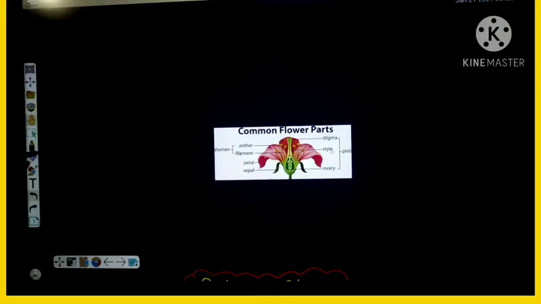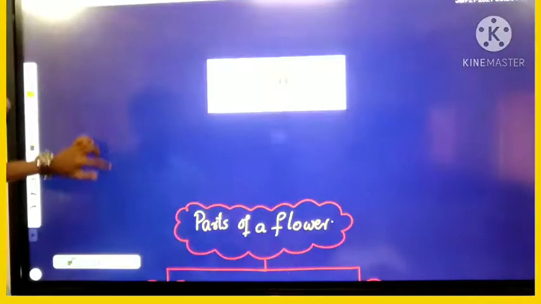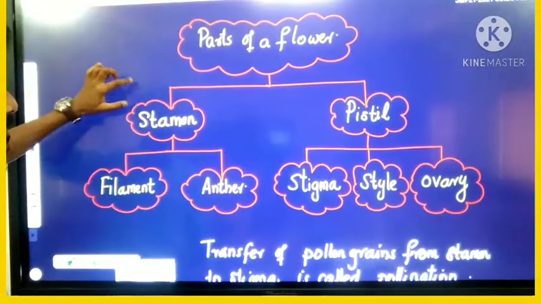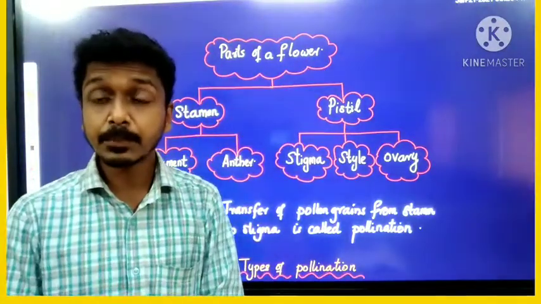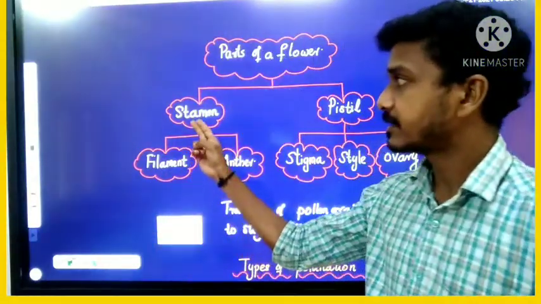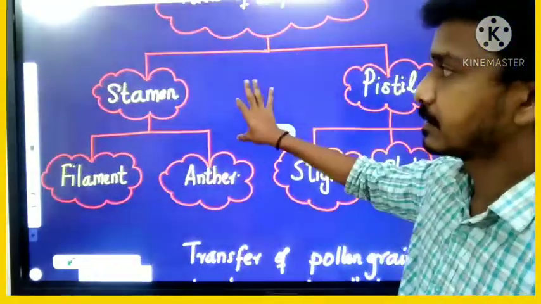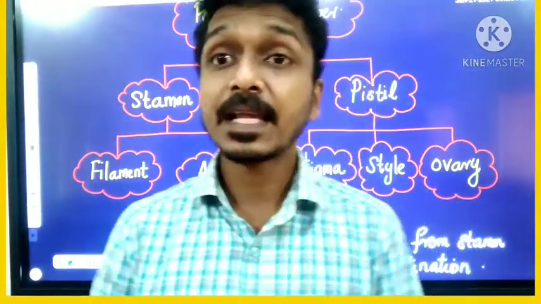Then let us have a detailed discussion about the parts of a flower from this flow chart. Mainly the reproductive parts of a flower. First part is stamen. Stamen is the male reproductive part.